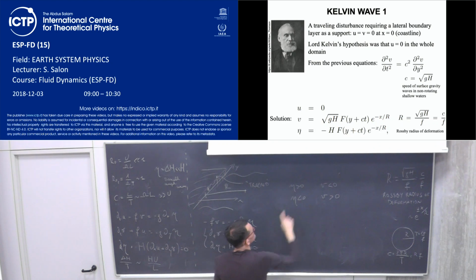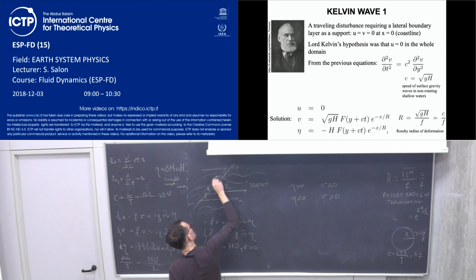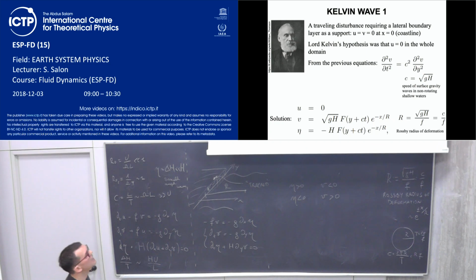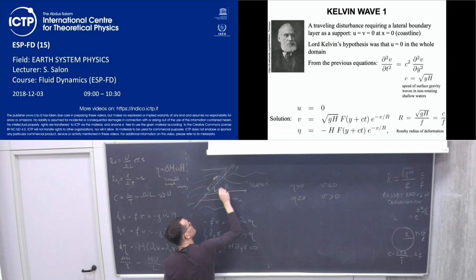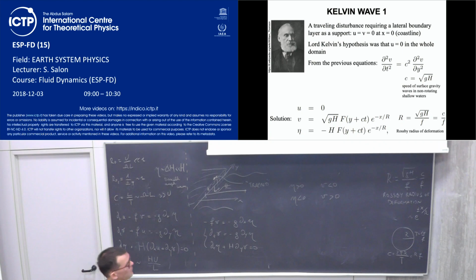So when eta is positive, v will be negative, so the velocity will have the same direction as the wave. In the other case, if eta is negative, the velocity will be positive and parallel in the same direction of y.